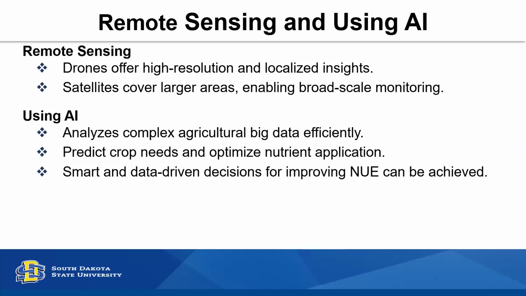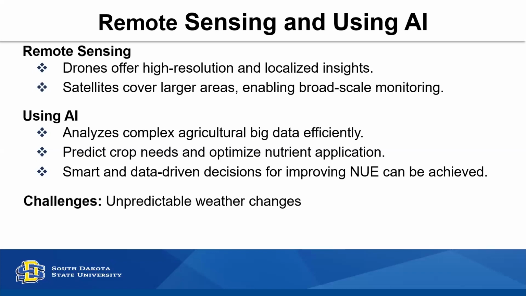It will help to predict the nutrient needs and optimize the application. And in the future, we are hoping that, based on the AI platform, we will have smart data-driven decision tools to improve nitrogen use efficiency.